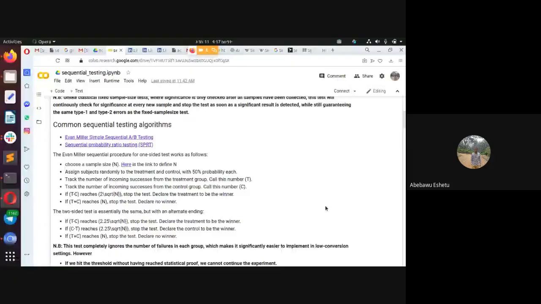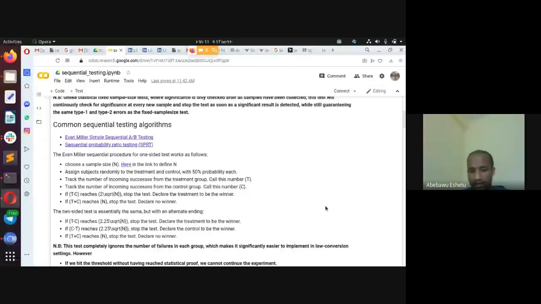And if the sum of the success values reaches the sample size, we just stop the test to say that there is no winner, which is accepting the null value.